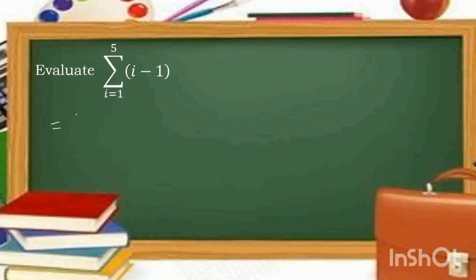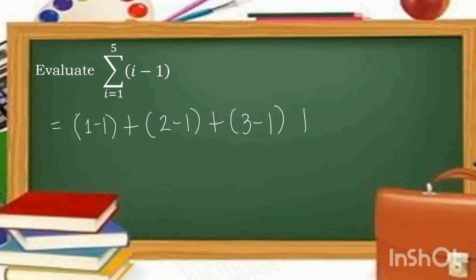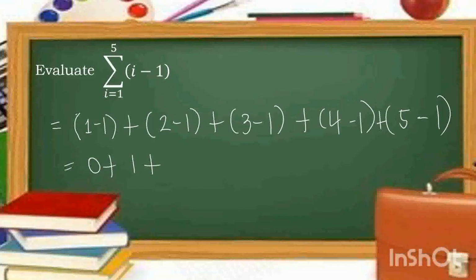So i first is 1 minus 1, plus 2 minus 1, plus 3 minus 1, plus 4 minus 1, plus 5 minus 1. 1 minus 1 is 0, plus 2 minus 1 is 1, plus 3 minus 1 is 2, plus 4 minus 1 is 3, and plus 5 minus 1 is 4. So the total is 10.